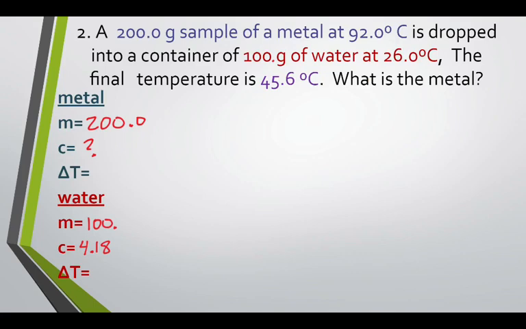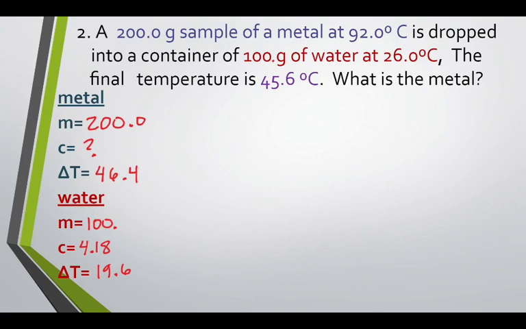So our metal going from 92 to 45.6 is changing temperature by 46.4 degrees. And our water is going from 26 to 45.6, and that means that it is changing by 19.6 degrees Celsius.